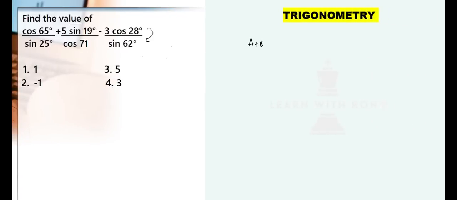If two angles sum is 90 degrees, we know that sin A equals cos B and cos A equals sin B, okay?